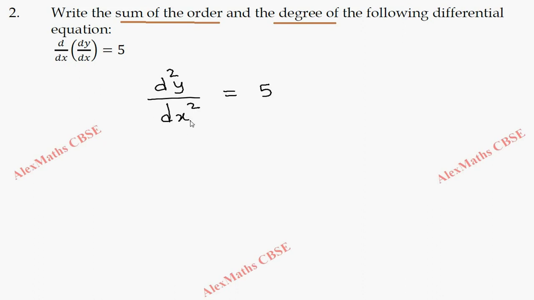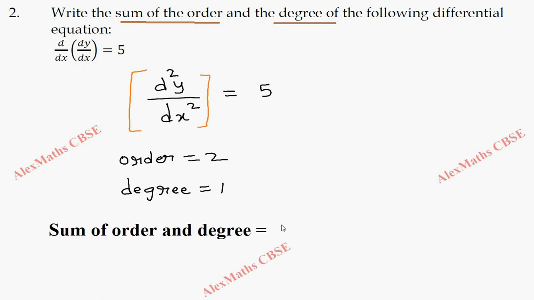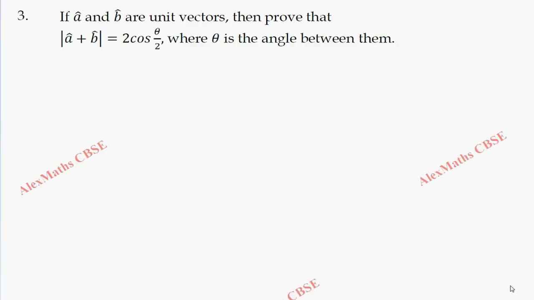And this is the second order, so we can say order equal to 2. And this is the highest order present, and for this the whole power we don't have anything, so it is power 1. So we can say the degree is 1. So finally the sum of order and degree equal to 2 plus 1, which is 3.